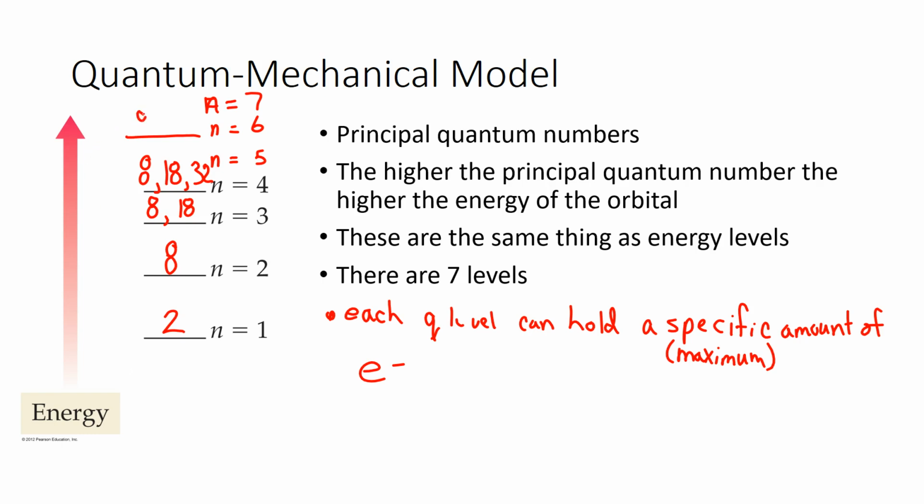N6 goes back to 8 and 18, and N7 can just hold 8. All right, and we're going to start seeing why in a little bit, and I'm going to go over that as we're moving forward.